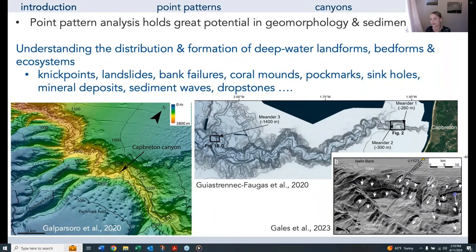Landslides can be reduced to single points of the data set as large. Coral mounds, sinkholes, sediment waves, mineral deposits, bank failures. All of these features might be interesting to be analyzed with this particular approach.